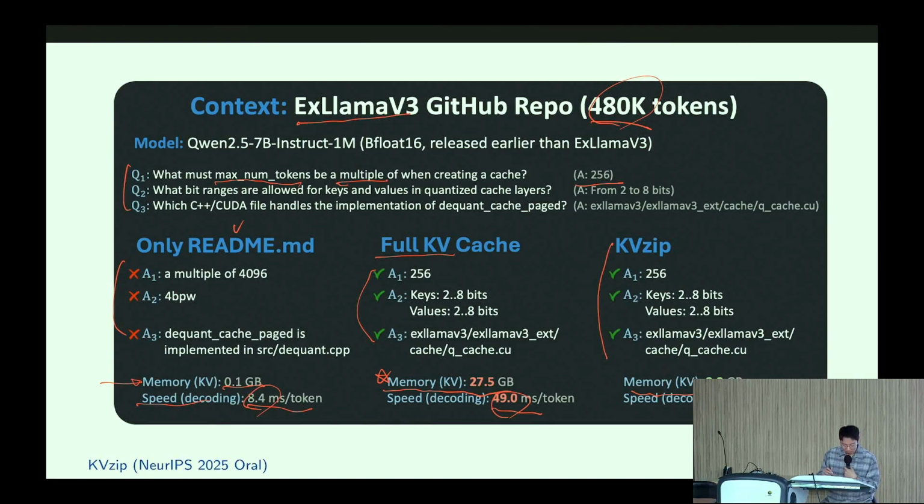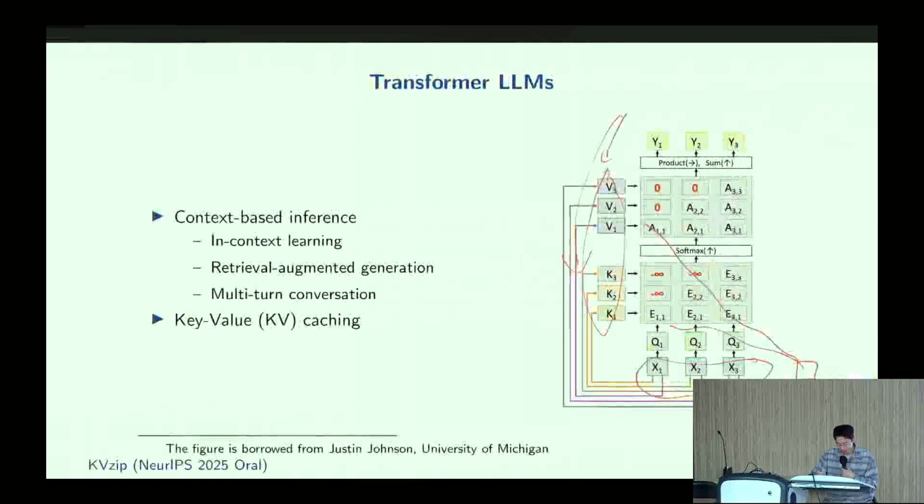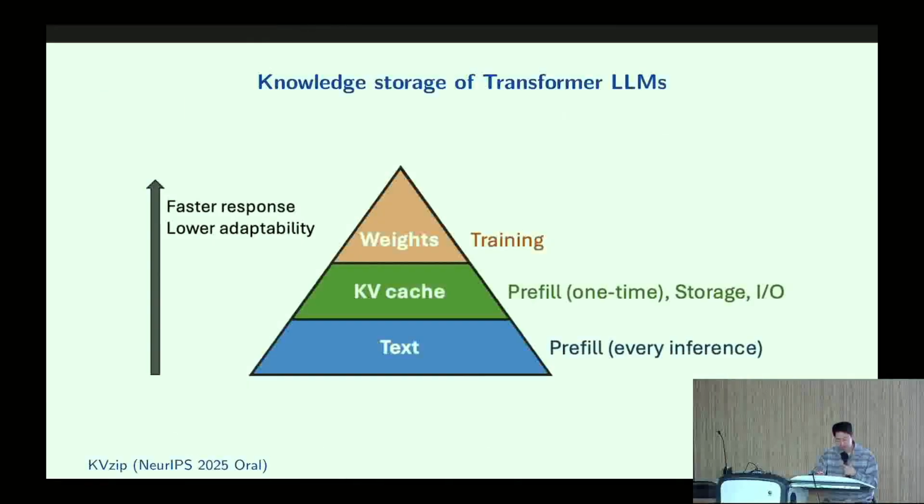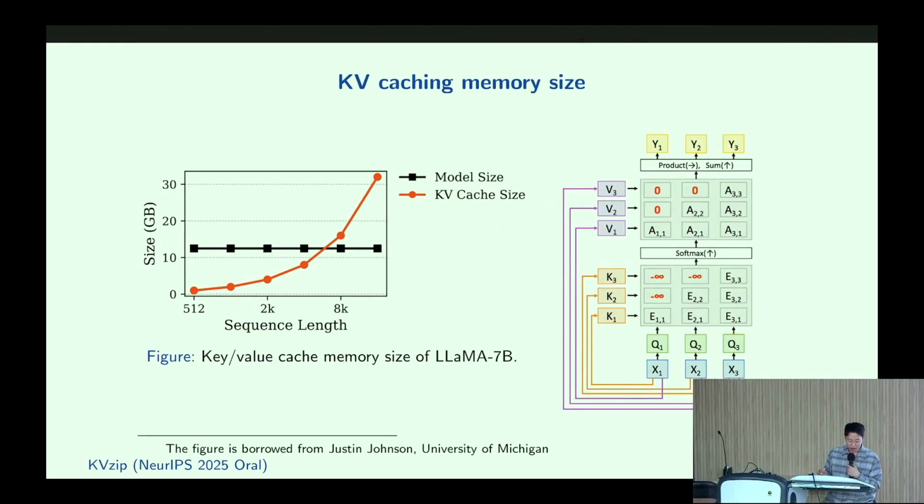This paper came out of our research group, and it was selected as an oral presentation at NeurIPS last winter in December. It was among the top 0.3% of papers accepted to NeurIPS. In the interest of time, I'm going to speed up a lot.